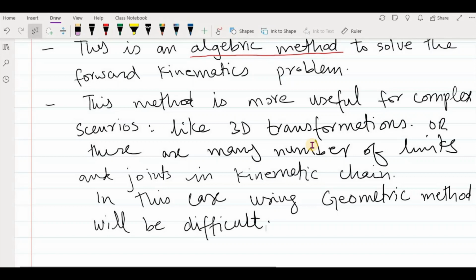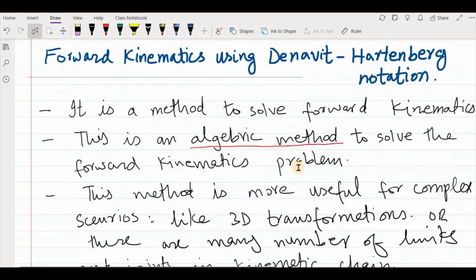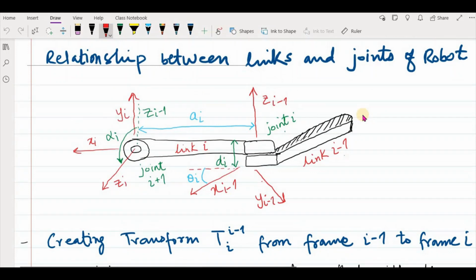There are three-dimensional rotations and translations, and also many links and frames or joints. Then we use this algebraic technique, which is the Denavit-Hartenberg notation, for the relationship between links and joints of the robot.